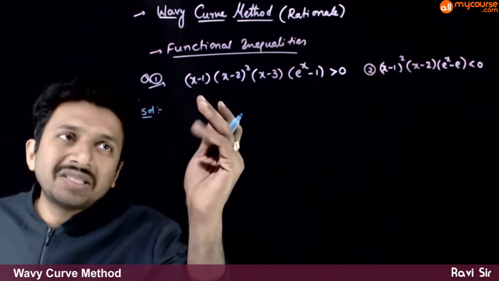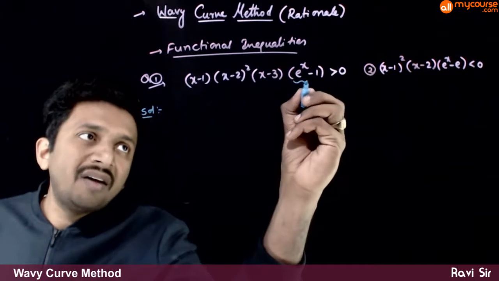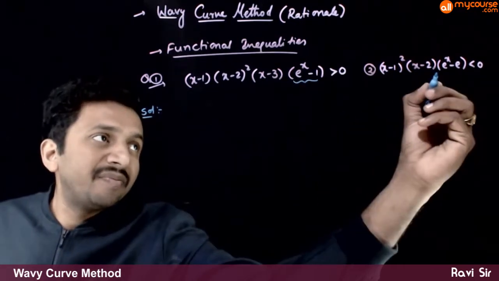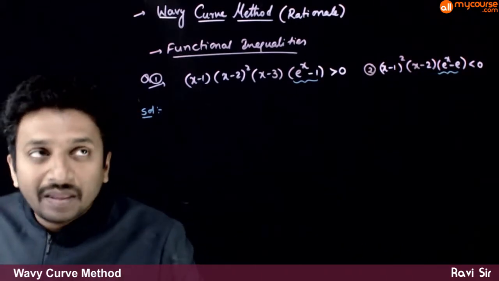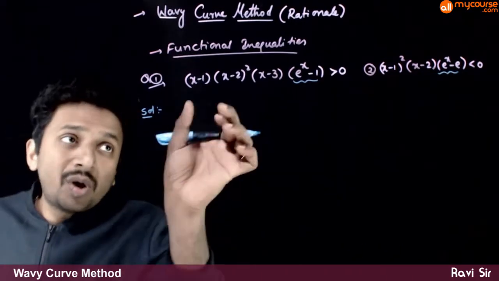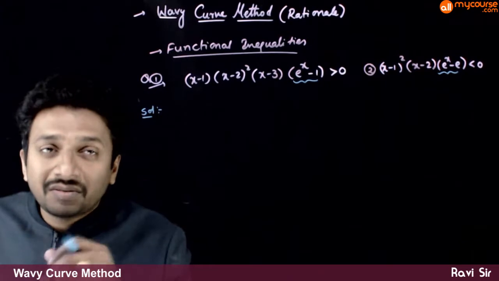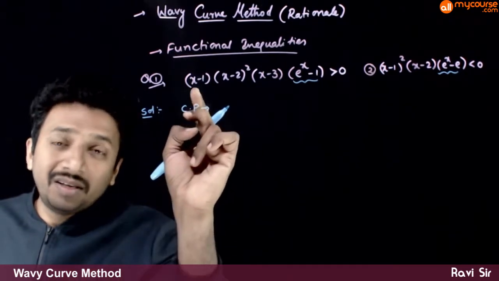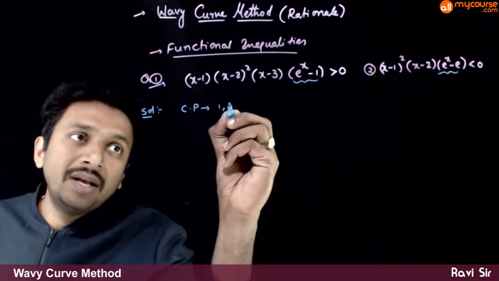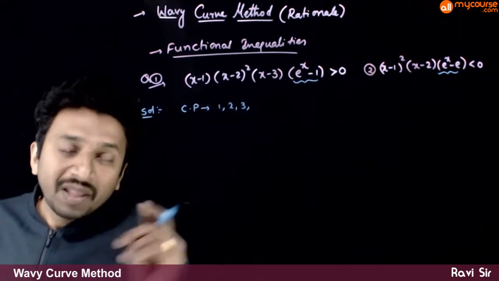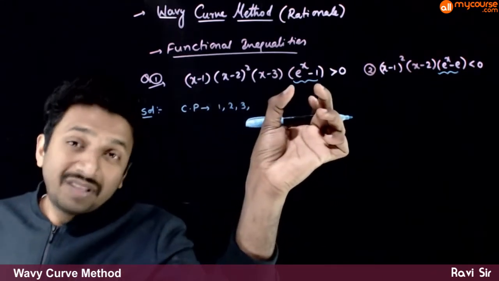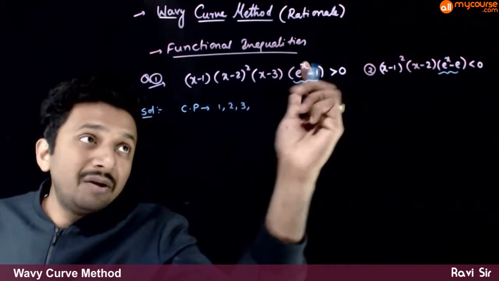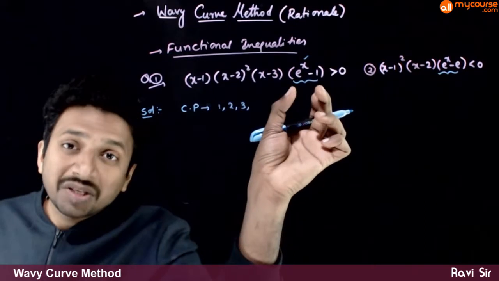So in these inequations, apart from polynomials, you also have some expressions involving functions, exponential functions, e power x minus e, and so on. Now, what are the critical points of these functions? The critical points of the expressions are x is equal to 1, 2, 3, and for this factor, the critical point will be the value of x where this expression is 0.